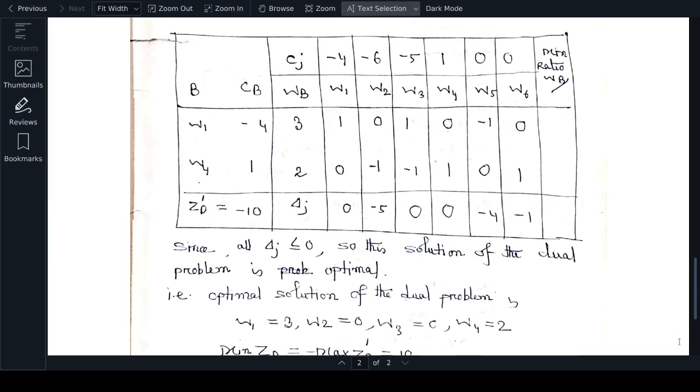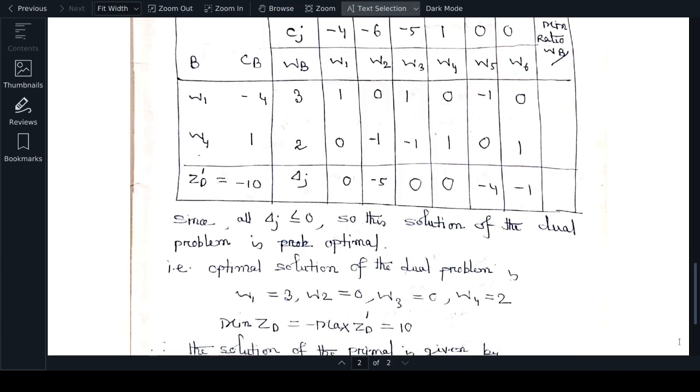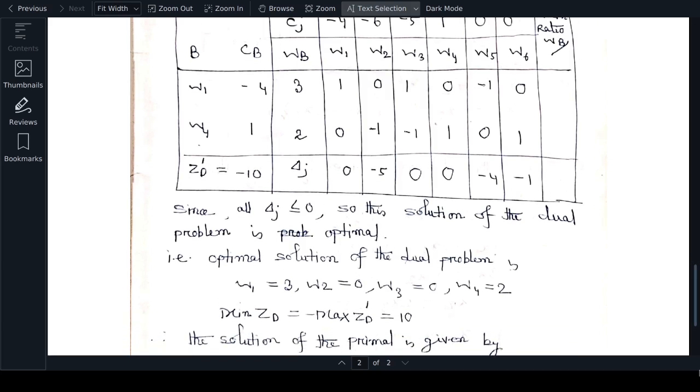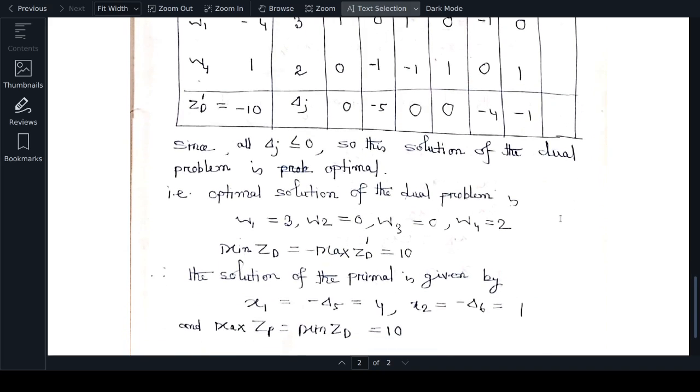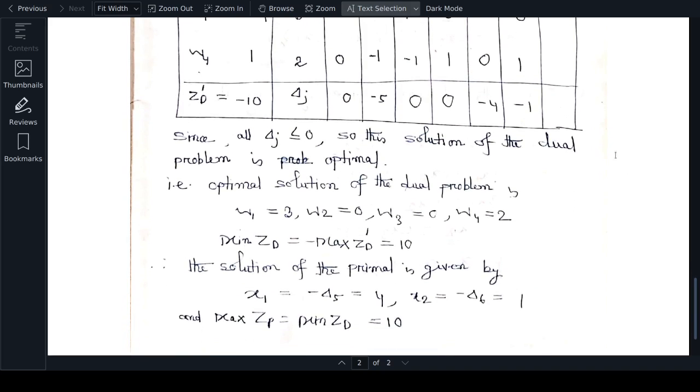So here x1 will be minus delta 5. This is the negative sign. We know how to read the primal from the dual. So x1 equals minus delta 5. Delta 5 is minus 4, so minus minus plus 4. And x2 is minus delta 6, so minus minus plus 1.